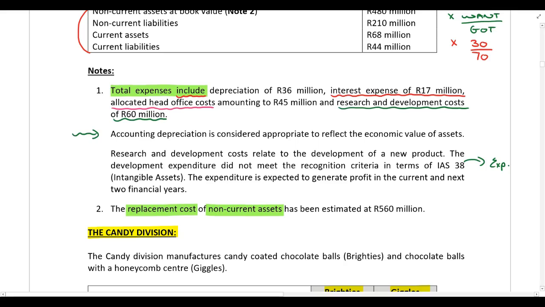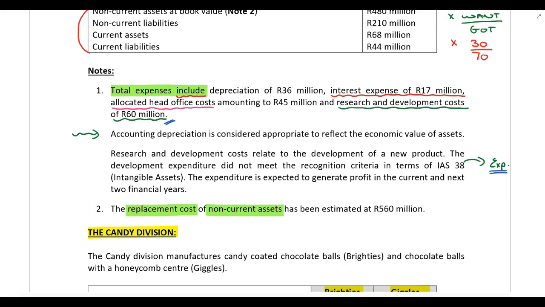So we said, remember, that means they were not allowed to recognize the development expenditure as an asset, but instead the amount has been expensed. So included in our operating expenses, we have these research and development costs of 60 million rand. And you are told that the expenditure is expected to generate profits in the current and the next 2 financial years.